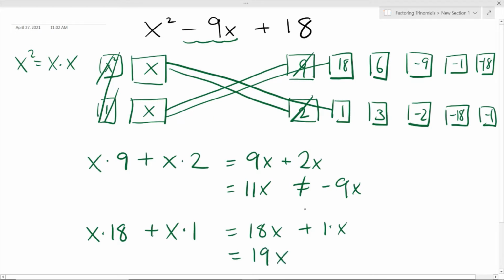And 19x is not equal to negative 9x. So that means this doesn't work and this doesn't work.